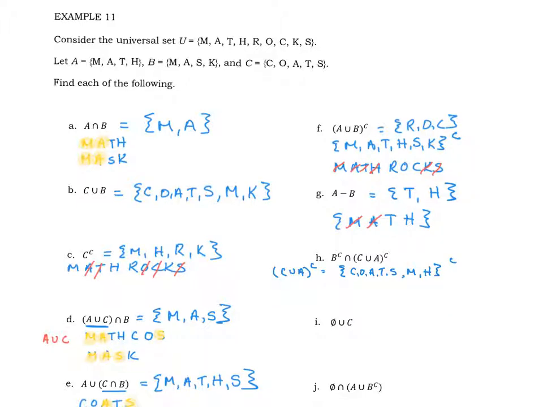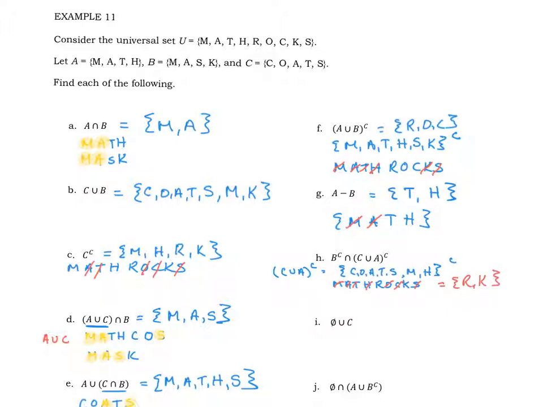So we're going to write the universal set down again. And we are going to cross out every element that was in the union of C and A. And it looks like I am left with R and K.